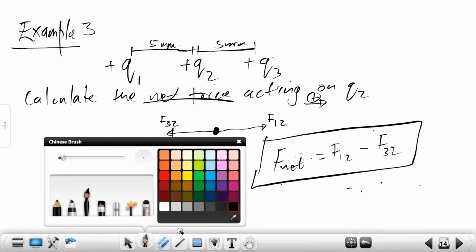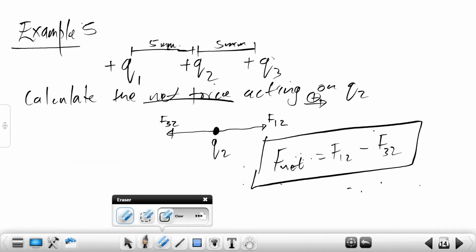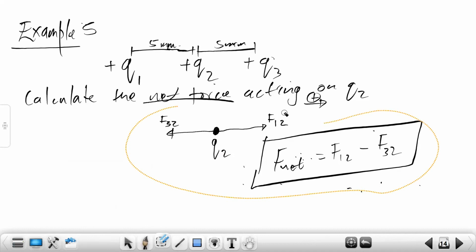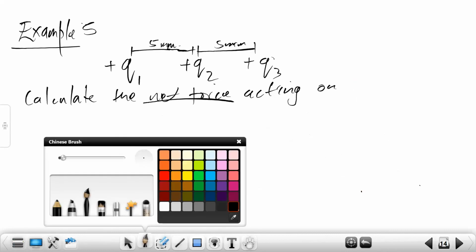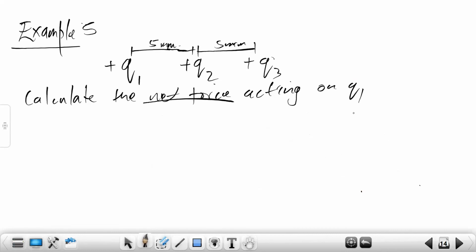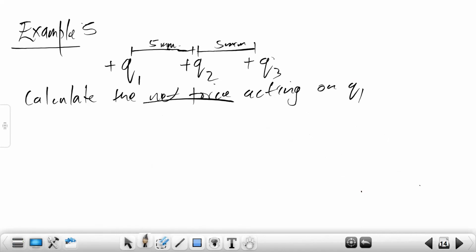Now this is example 5. I think it's example 5. And then we remove this, and then we make Q1 our reference. Q1, but now I want to change this as well and make it negative.